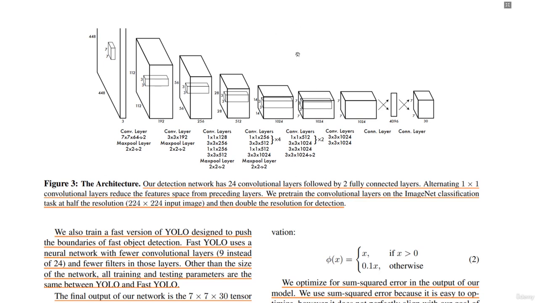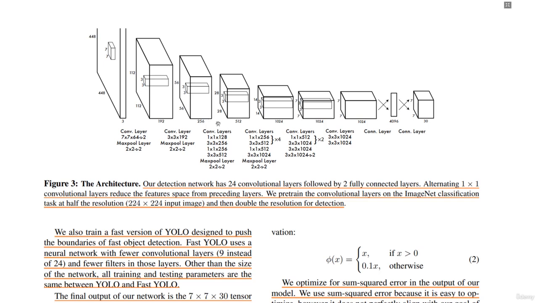Nonetheless, we are not going to use this. We're going to use a very light model. We're going to use the MobileNet, so our backbone is going to be a MobileNet. We're going to stack up some convolutional layers, a fully connected layer, and then we shall reshape our output, and it will look somewhat like this, but not exactly the same, because we're going to be using a completely different backbone, so there shall be some difference.